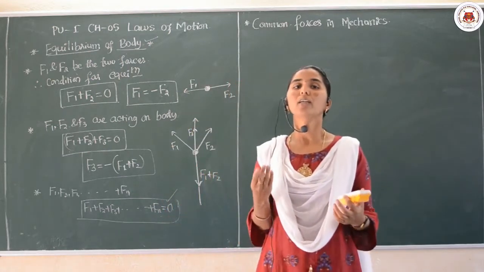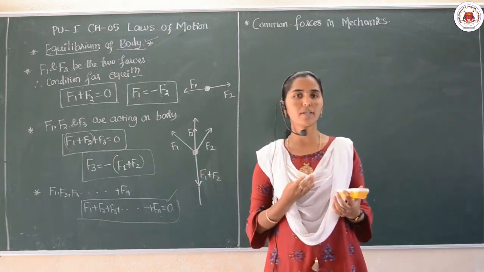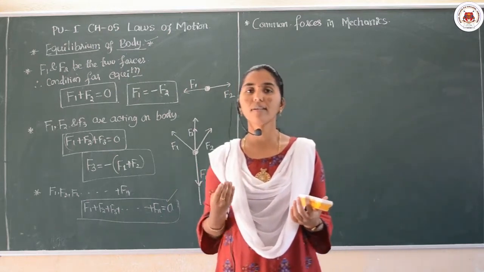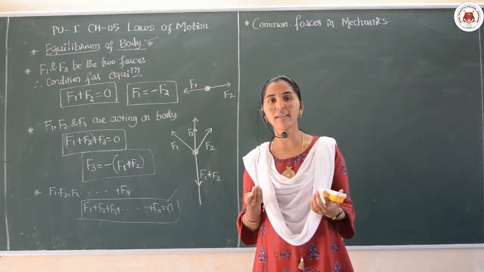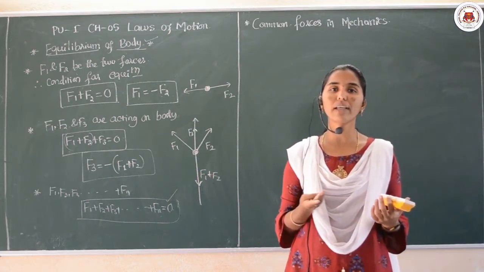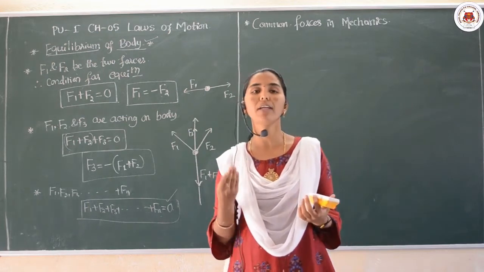How many are there? Totally 4 fundamental forces. The first one is gravitational, second is electromagnetic, next is strong nuclear, and the last one is weak nuclear.